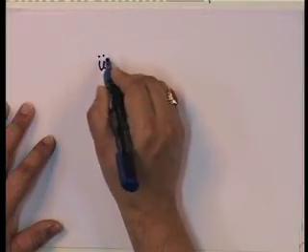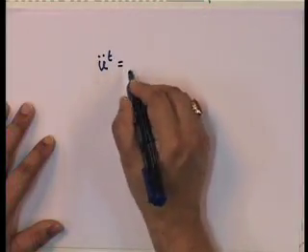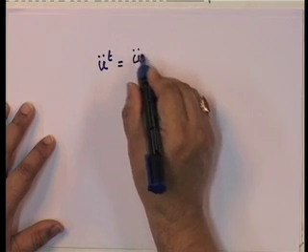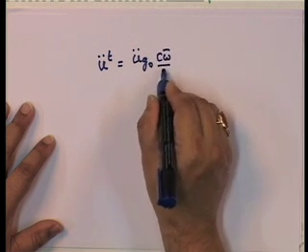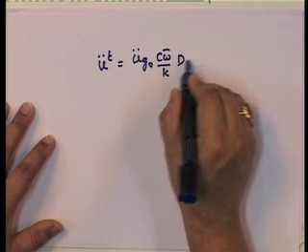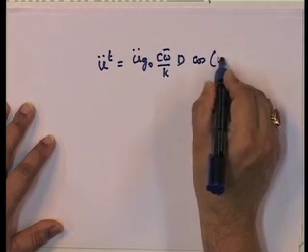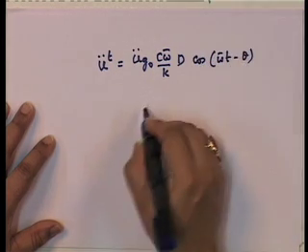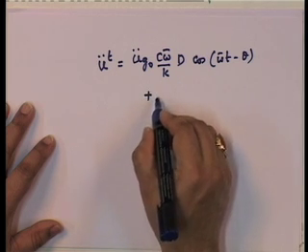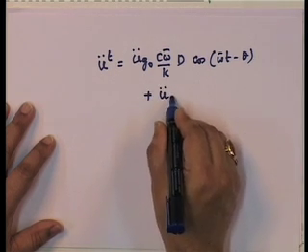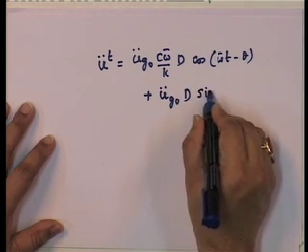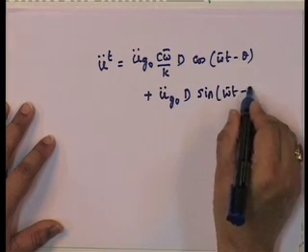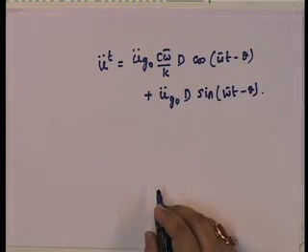So the total time history turns out to be u double dot total is equal to u g0 c omega upon k into d cosine omega d minus theta plus u double dot g d sine omega t minus theta.